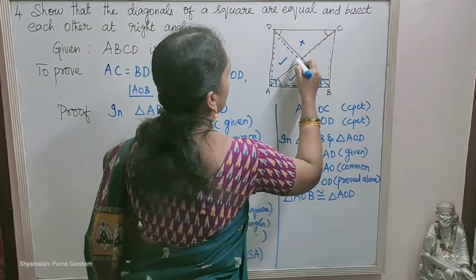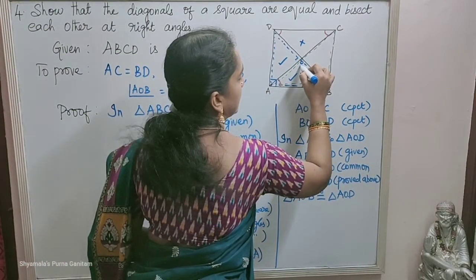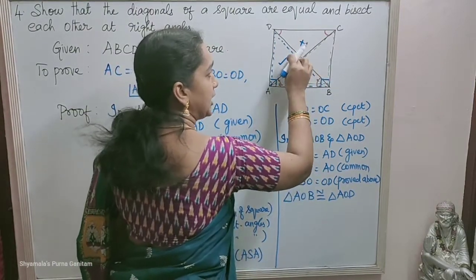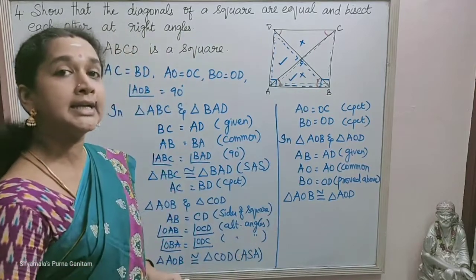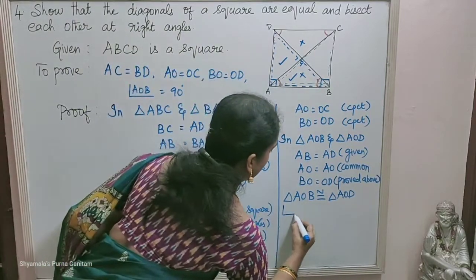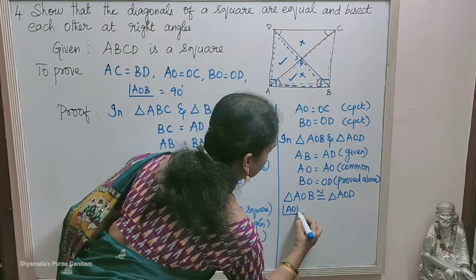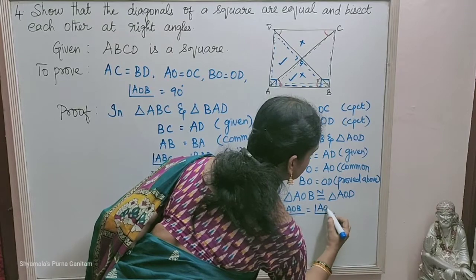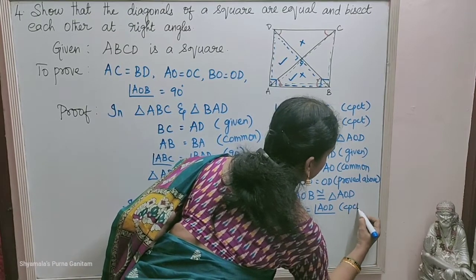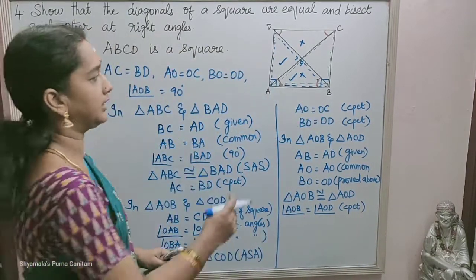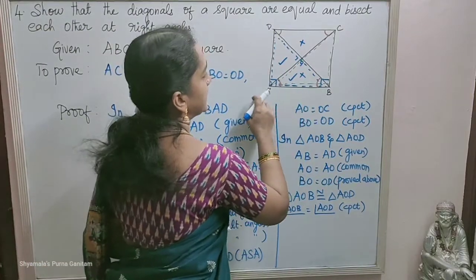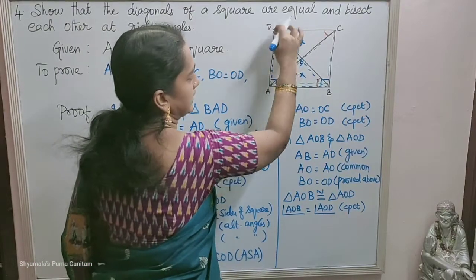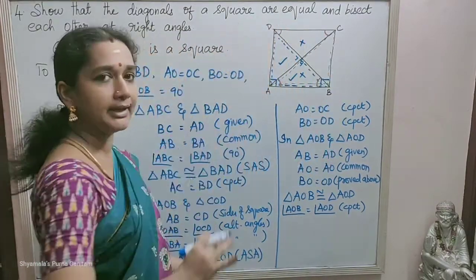If you take these two angles, those two angles will be equal. That is, angle AOB is equal to angle AOD. This is by CPCT. Now these two angles are on a straight line BD.